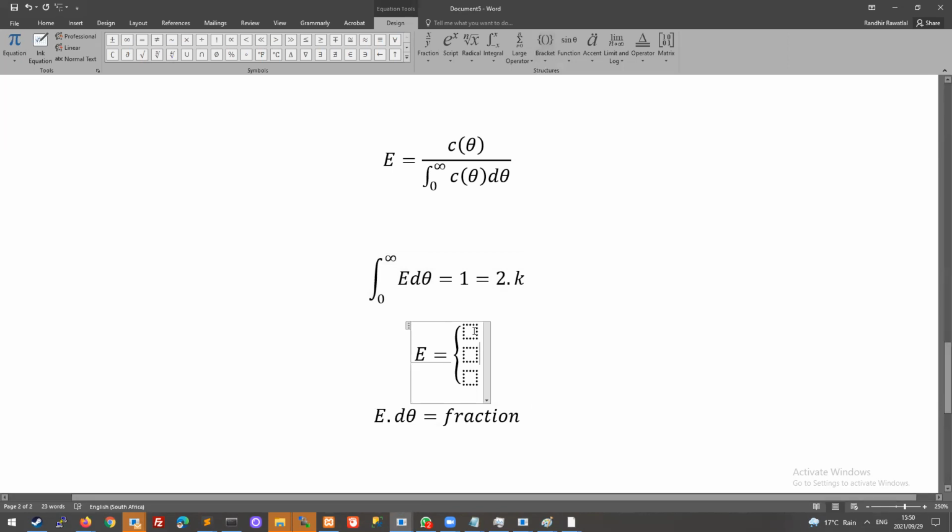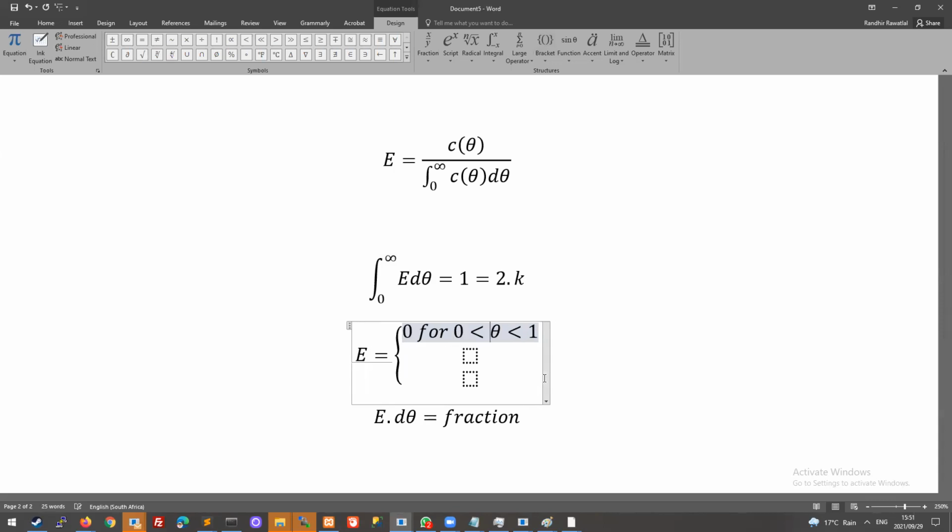Yeah, so E is 0 for theta less than 1, so it's between 0 and 1.